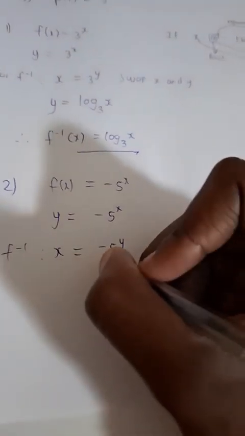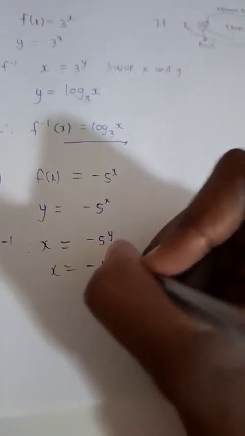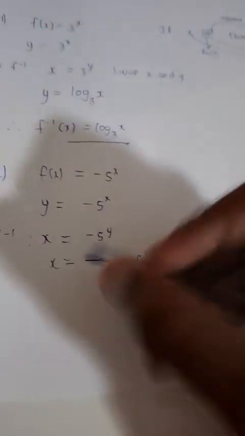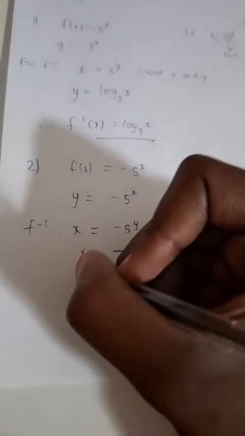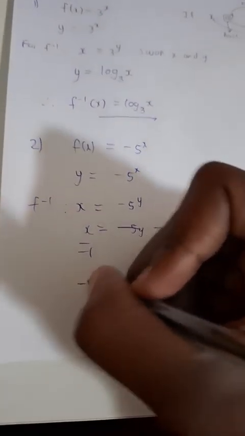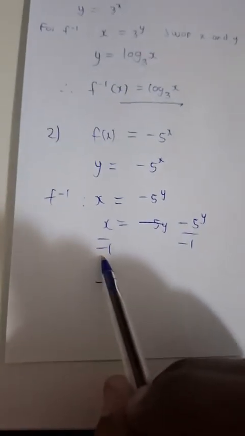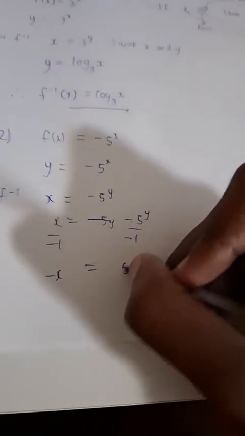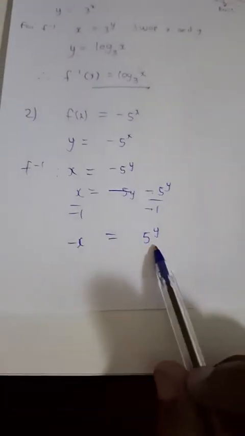So we say x is equal to negative 5 to the power y. We divide both sides by negative 1. Then we have negative x, because x divided by negative 1, positive divided by negative, is negative x, which is equal to negative divided by negative. That leaves us with 5 to the power y.